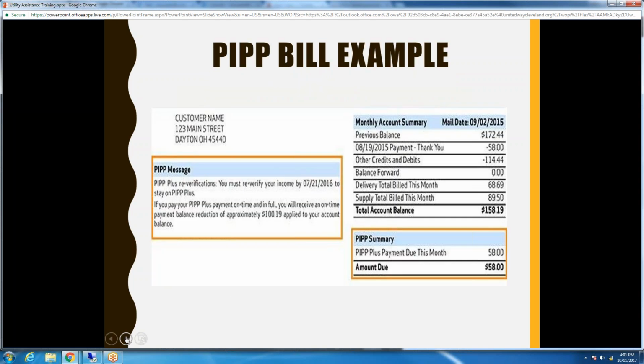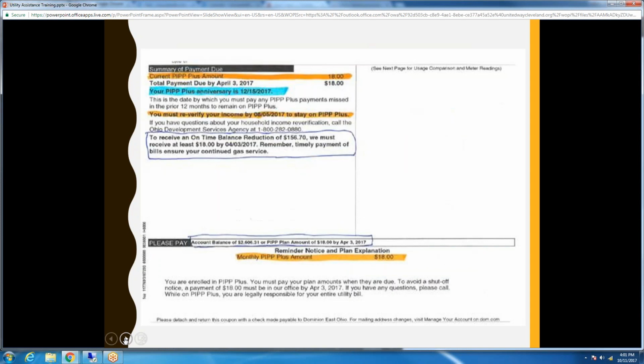So here's one example, but I have a couple better examples here. I know it's a little blurry, it's kind of hard to see, but this shows a customer who is currently on PIP Plus. The orange highlighted area shows that the customer is currently enrolled in the PIP amount and the re-verification date to reapply for the program.